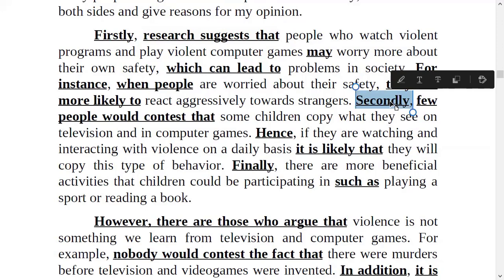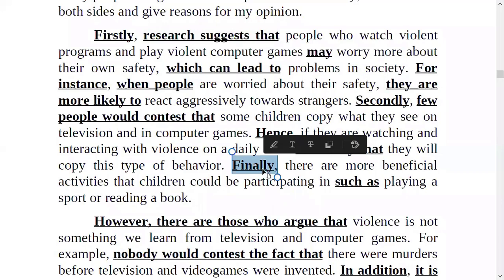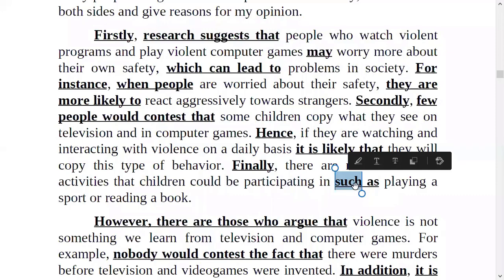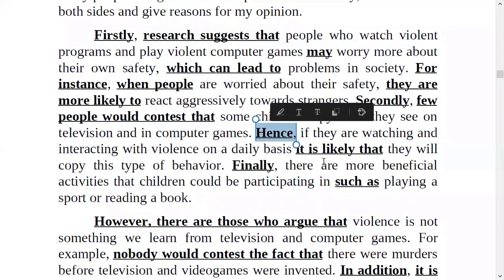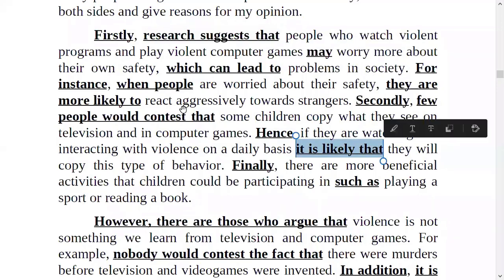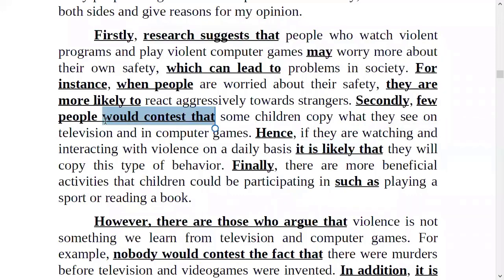Now this is another reason. And when we are expressing an example, we are using "such as." Here we are showing the result, or here we are sharing what is the possibility, what can happen. And "some people might argue about."